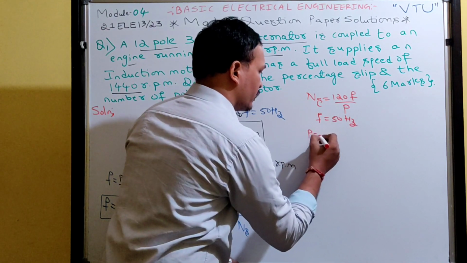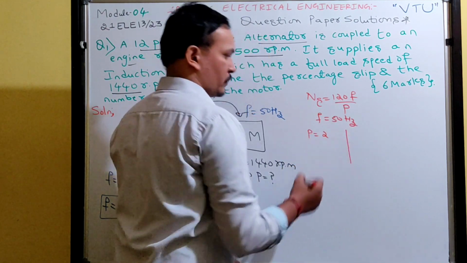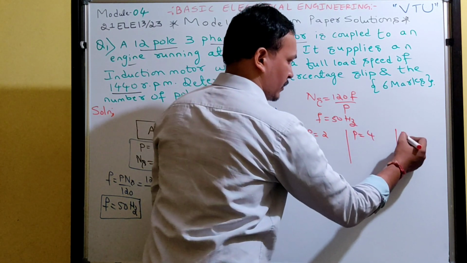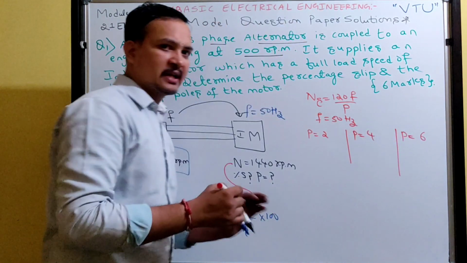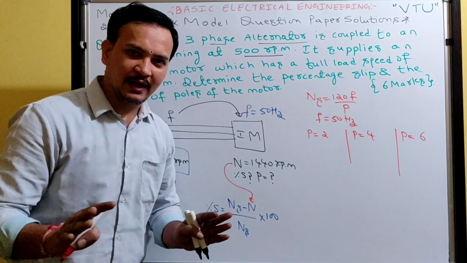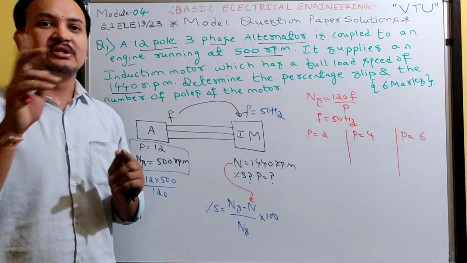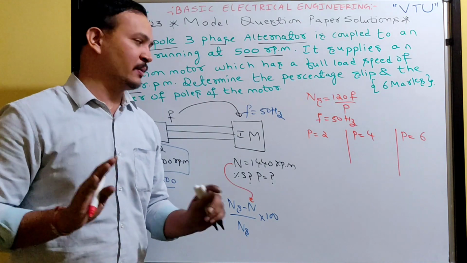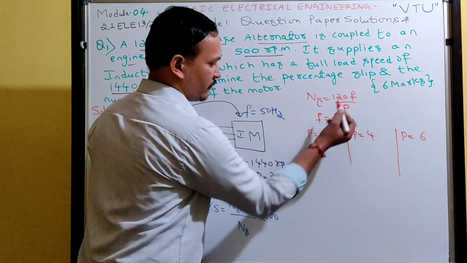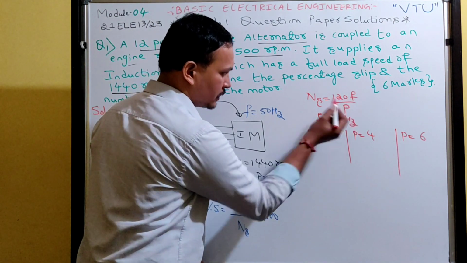I am taking the number of poles as 2, then 4, then 6. I am checking like this. The minimum number of poles will be 2 only. We cannot run the machine with 0 poles, not possible. Now take frequency 50 and put the number of poles here as 2.